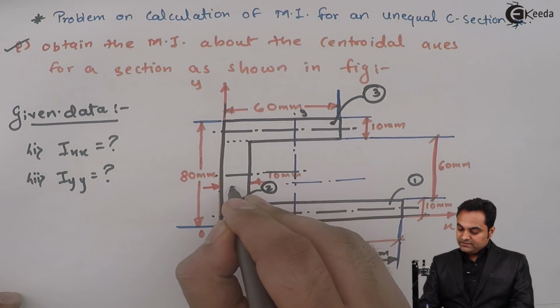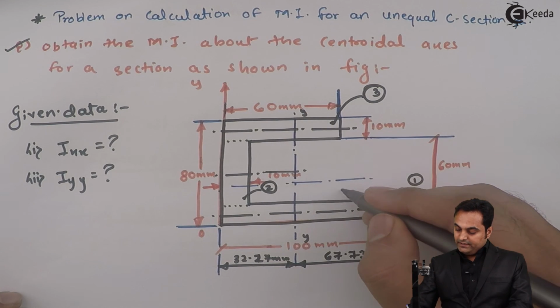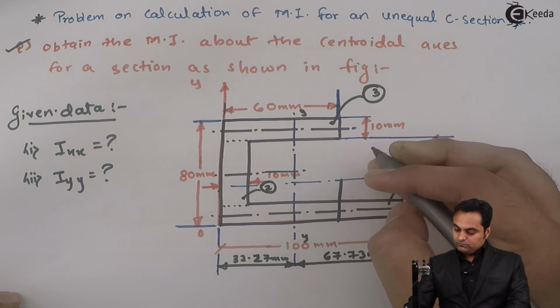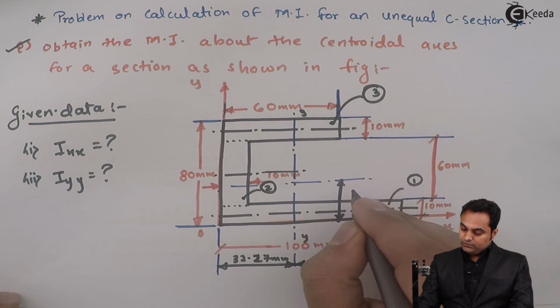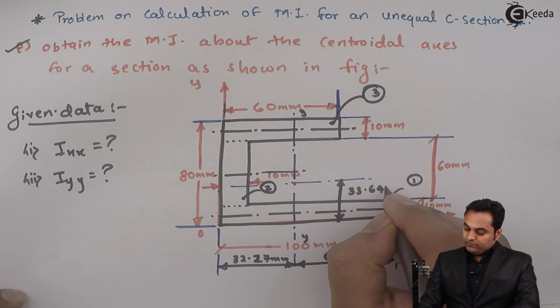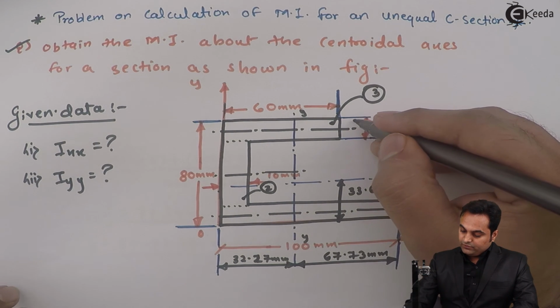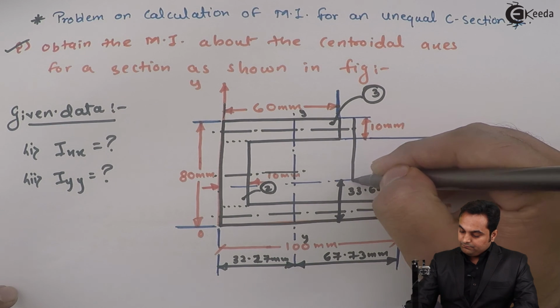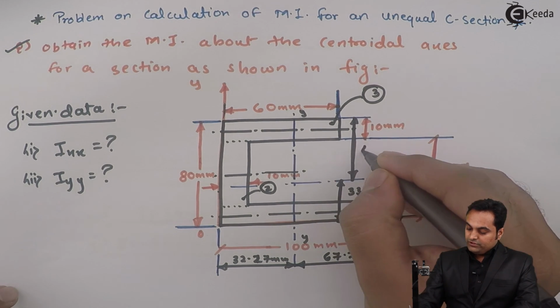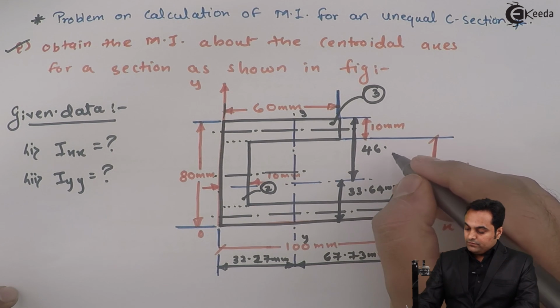So here is the x-axis located at 33.64 mm from bottom, and from the top the distance is 46.36 mm.